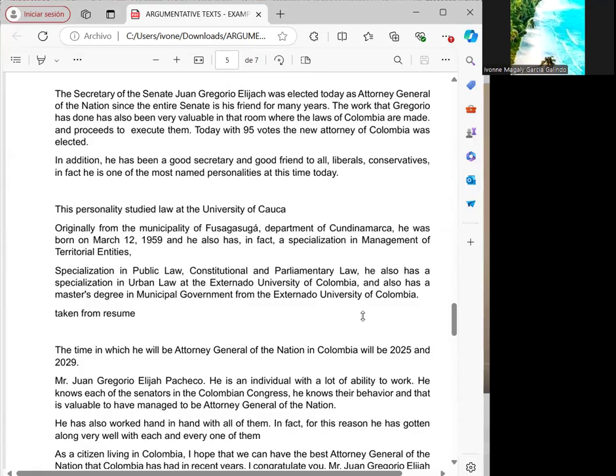So if you see, this test is lacking lots of information, most of the steps to have an argumentative test. So here we have an expository test.